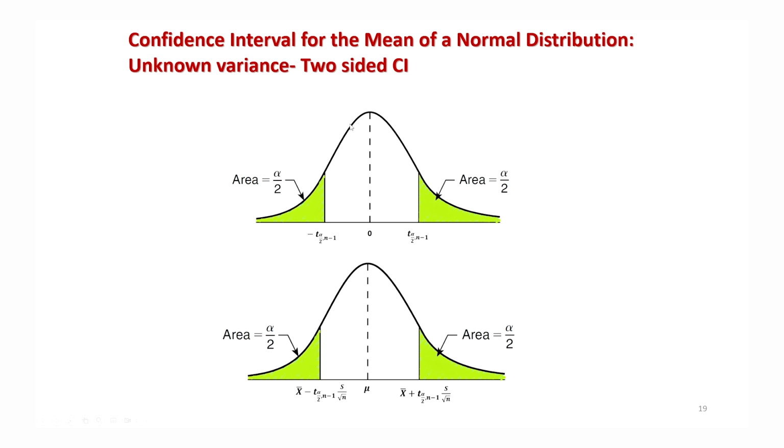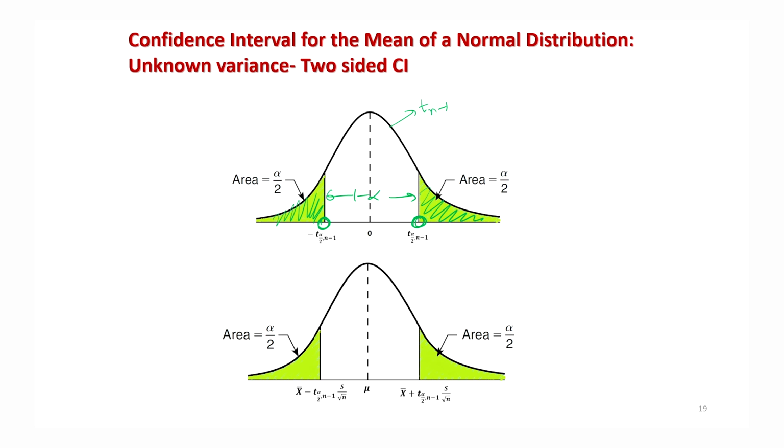Now if you try to understand it graphically, if I take the probability distribution of T with n minus 1 degrees of freedom, and say that this area on the left hand side and this area on the right hand side is alpha by 2, and this area here is 1 minus alpha, then the ordinates on the x-axis will come out to be minus t alpha by 2, n minus 1 and plus t alpha by 2, n minus 1, because T is a symmetric distribution.